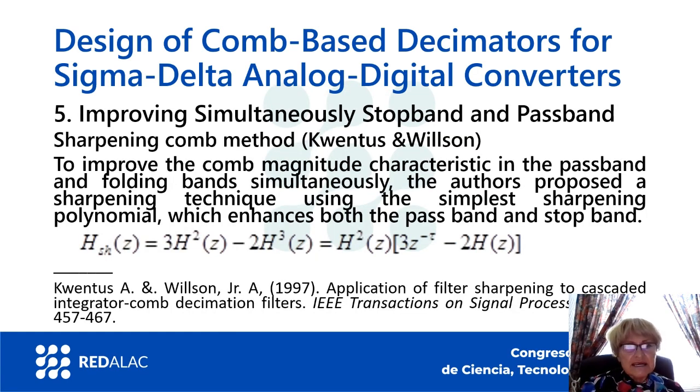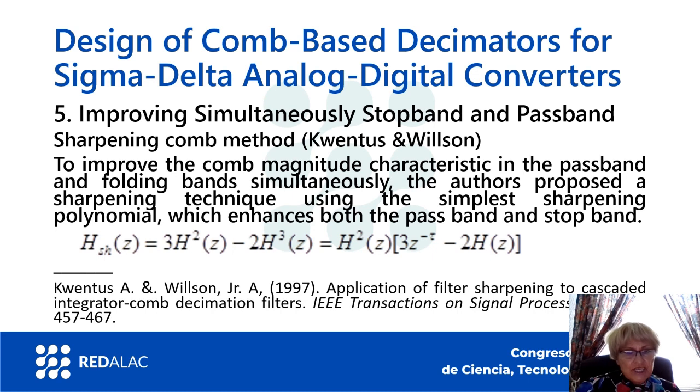Now I will say something about improving stopband and passband simultaneously. I present the classical sharpened comb method presented by Kaiser and Hamming. They improved the comb magnitude characteristic in the passband and also in folding bands by using a sharpening polynomial, which were used to sharpen a comb filter characteristic H, which is presented here.